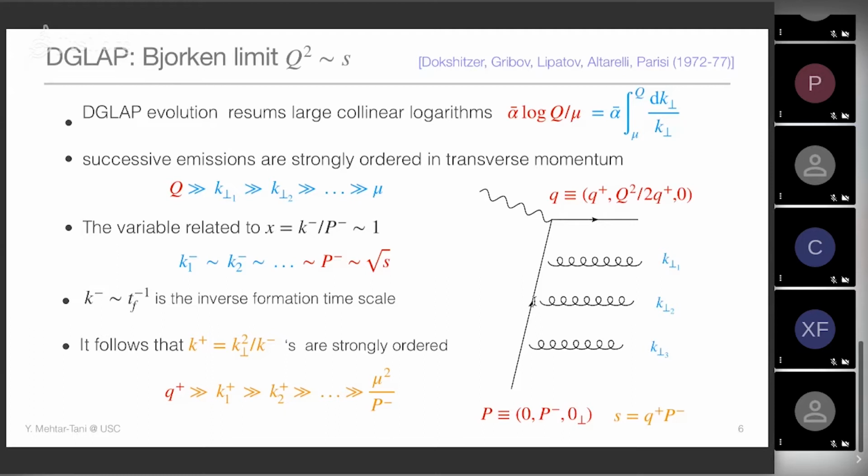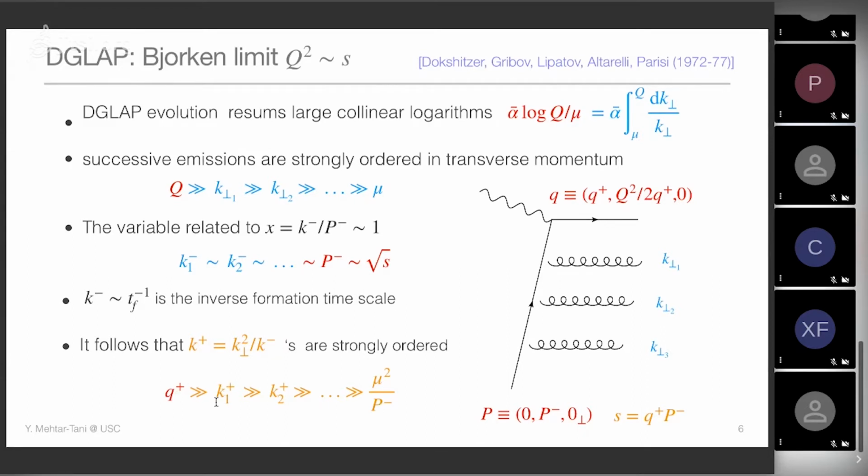All right, now we have k perp strongly ordered, k minus, which is related to the x, the Feynman x variable, of similar order along the ladder, but then k plus, which is the other final variable. If you use the mass shell condition, k plus is k perp squared over k minus, then using this ordering here and the fact that k minus is not strongly ordered, you get a strong ordering in k plus.